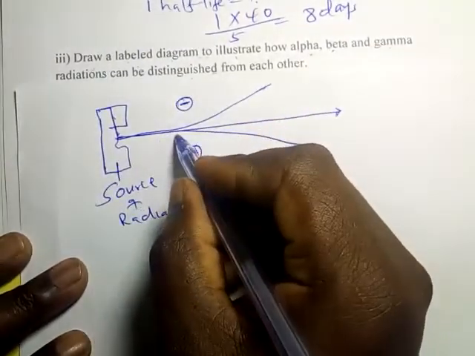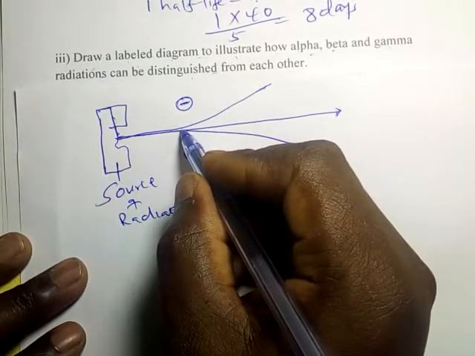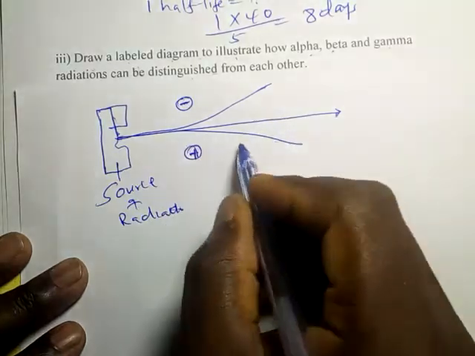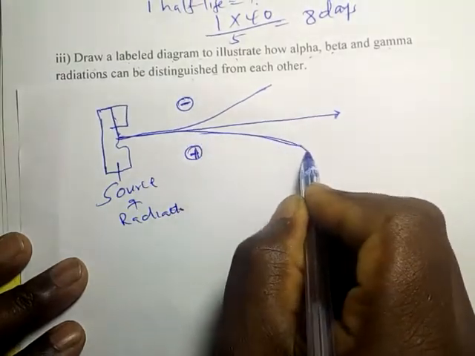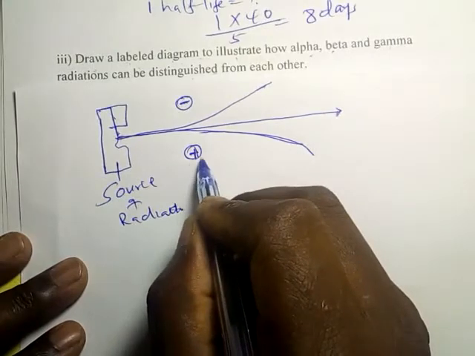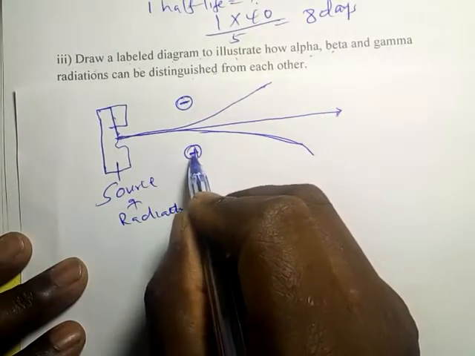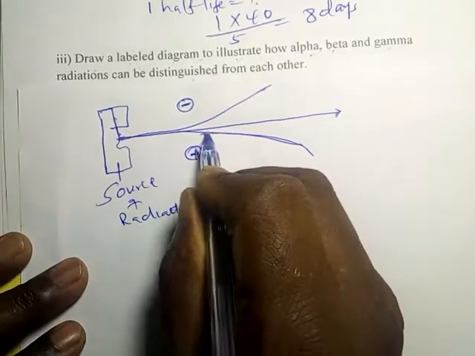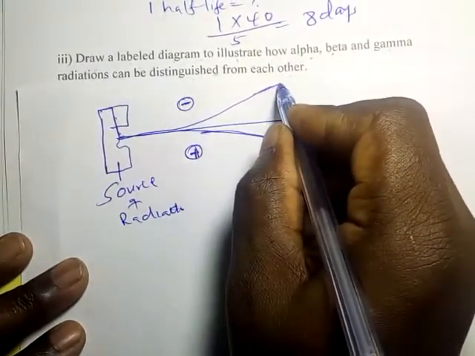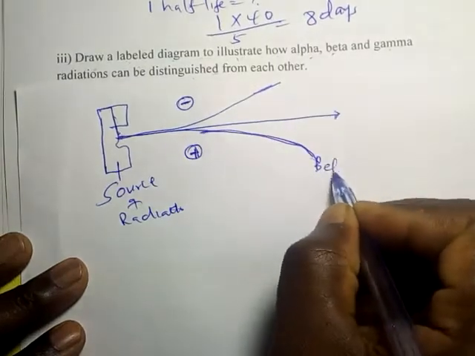Remember that beta is negatively charged, so it will be deflected towards the positive.